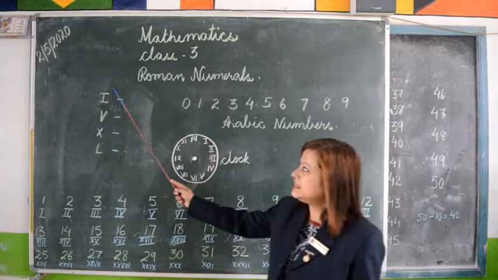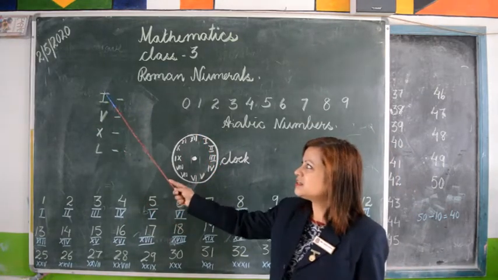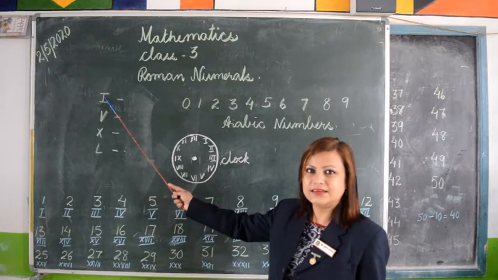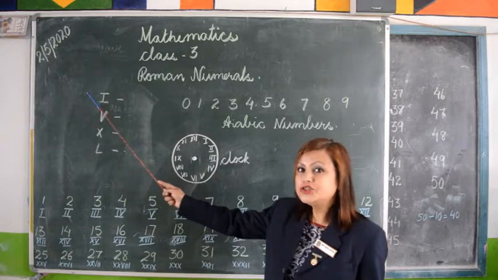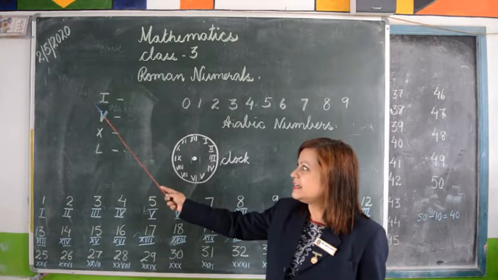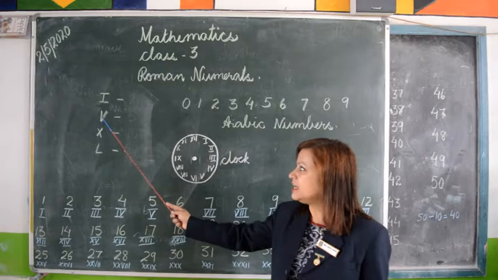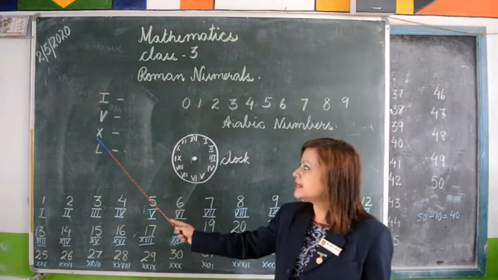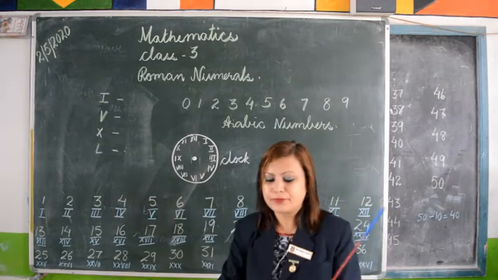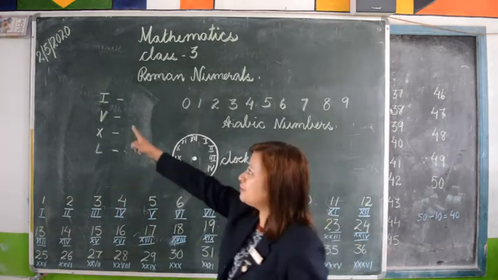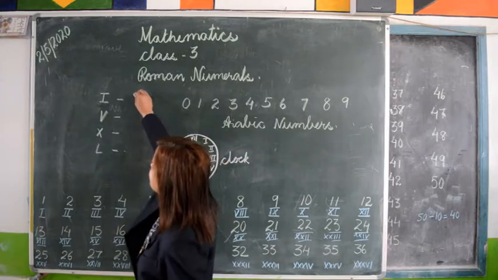This is not 1, this is I. English alphabet I, English alphabet V, English alphabet X and English alphabet L. I represents 1.